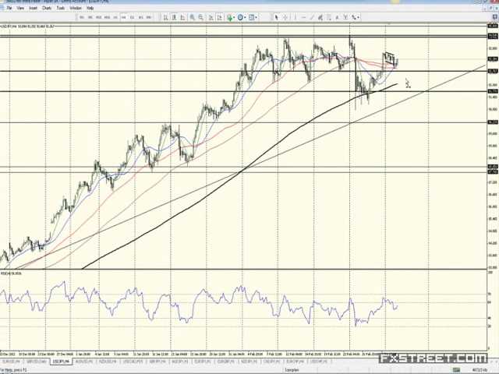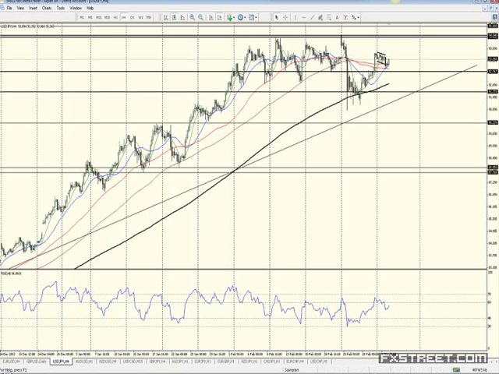Other Japanese yen crosses are more fun. Dollar yen has been sideways throughout February. But to me, there is still pressure on the 95 level.